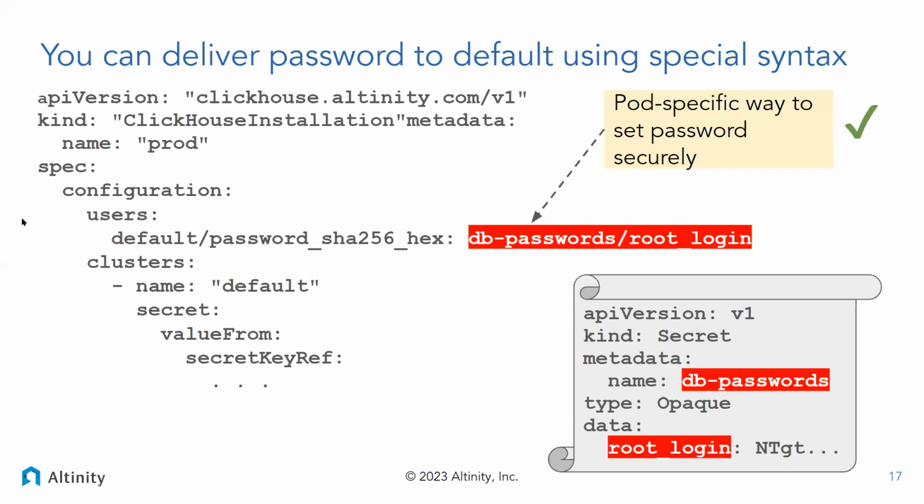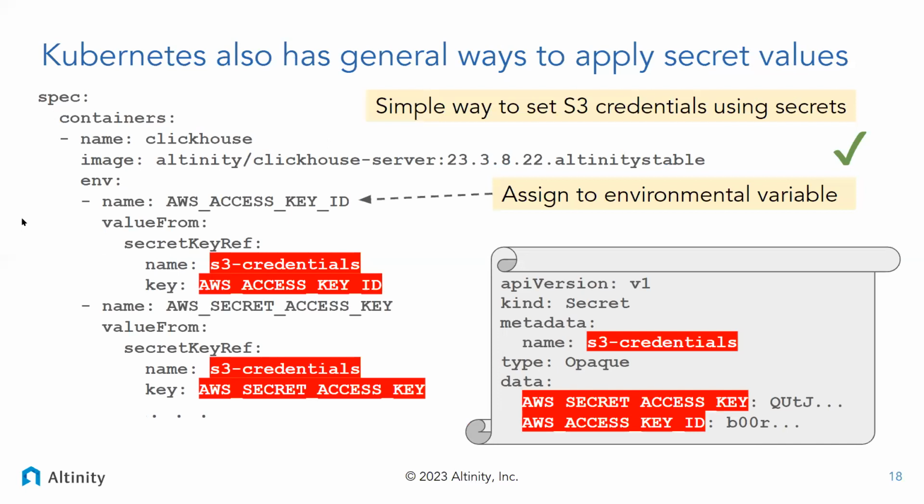Now, there are other types of credentials that you might want to pass in. And a really common one is to pass in credentials to access S3 storage, or the equivalent on other clouds, for example, Google Cloud Storage. A common way to pass these values in when using S3 in a pod is to use environment variables.